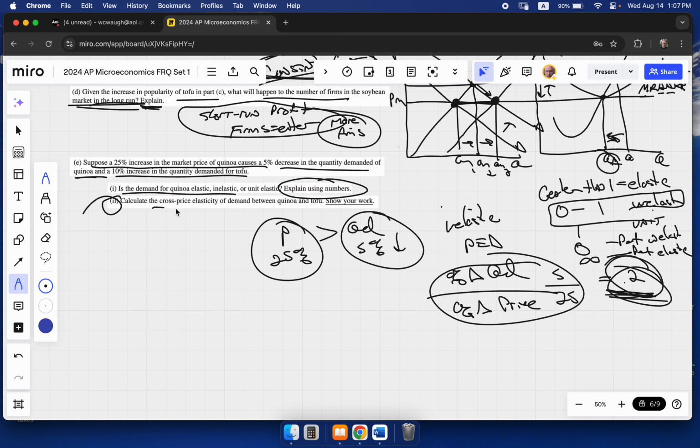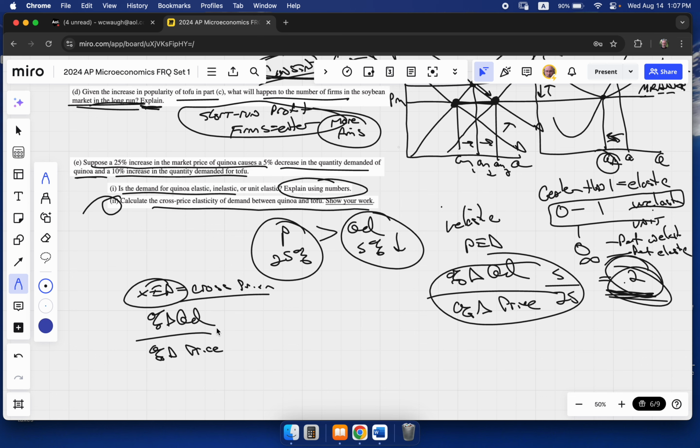Cool. Calculate the cross-price elasticity between quinoa and tofu. So cross-price elasticity, what we could also call XCD, is the same formula: percentage change in quantity demanded over percentage change in price. But recognize XCD involves two different goods, good A and good B. Good B here, quinoa, was the price increase.